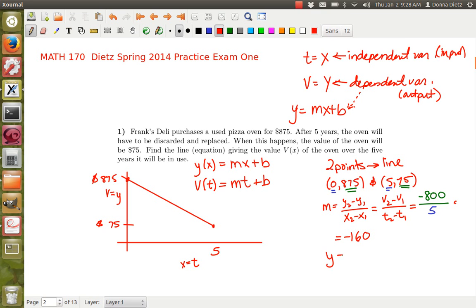You just put y is equal to mx plus b, remembering, of course, that y is v and x is t. Then you can use any point you like. It doesn't matter which one, but it's easier to use this one because it actually is the y-intercept. If you realize that, you don't even have to do this step.